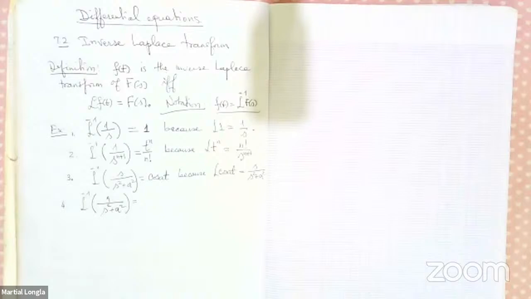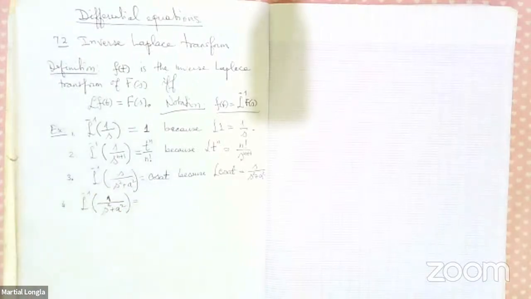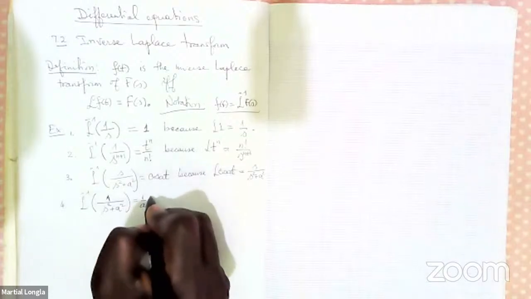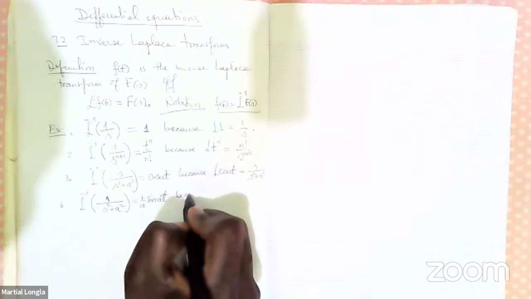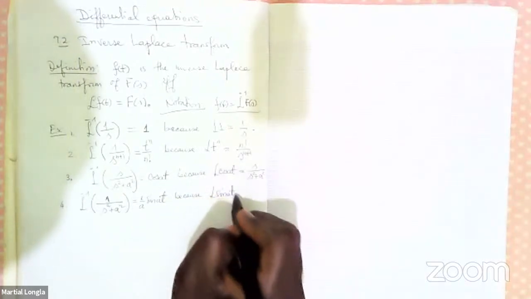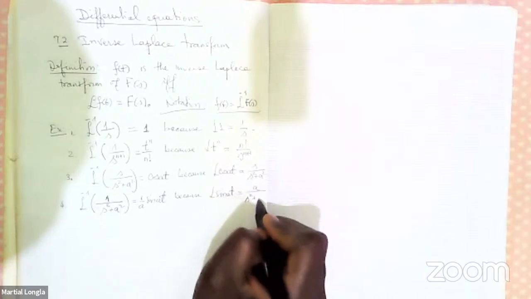I'm just having trouble figuring this one out. Would this one be sine of at over a? Yes. So that's 1 over a sine of at, and that is because the Laplace transform of sine at is a over s squared plus a squared.